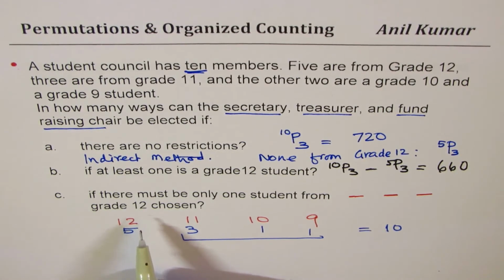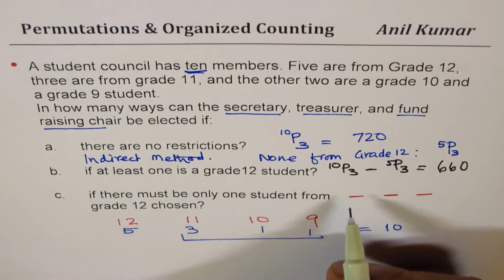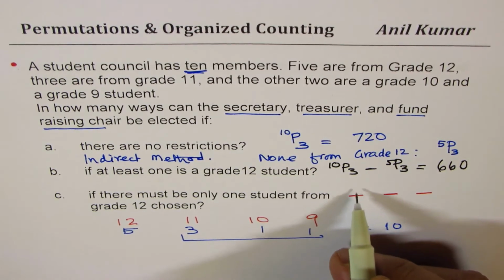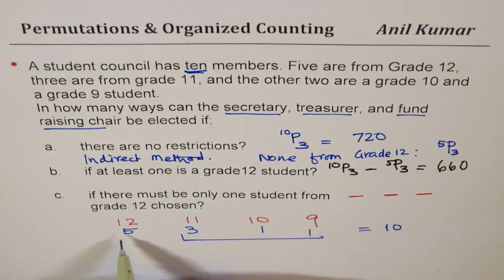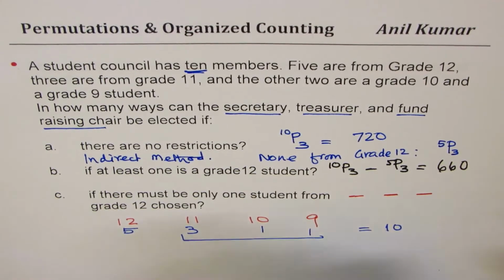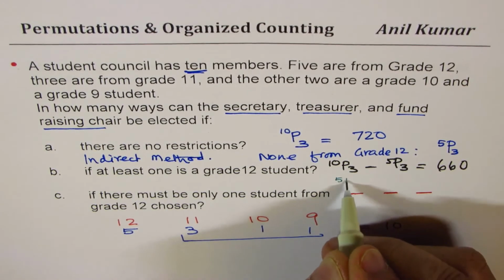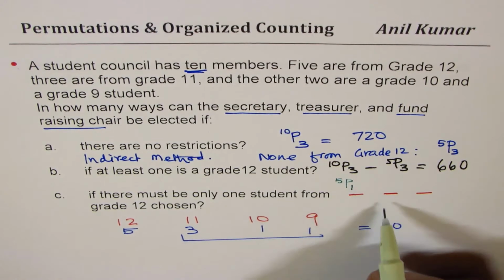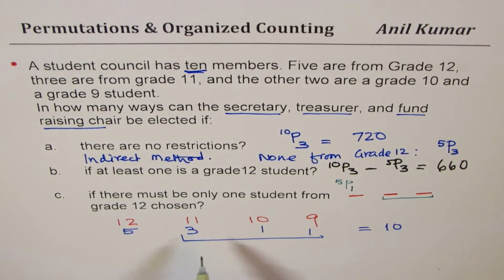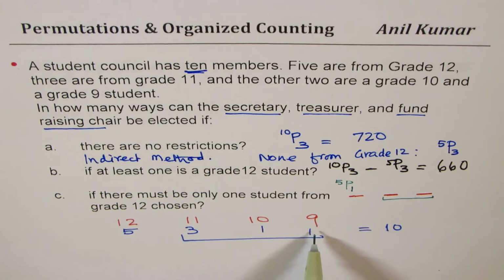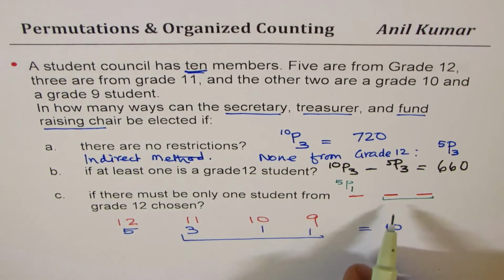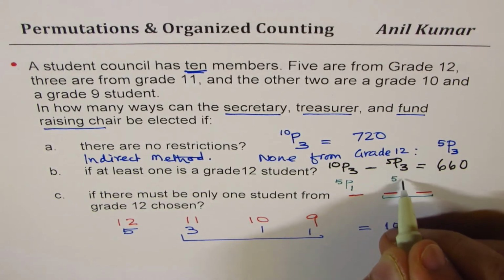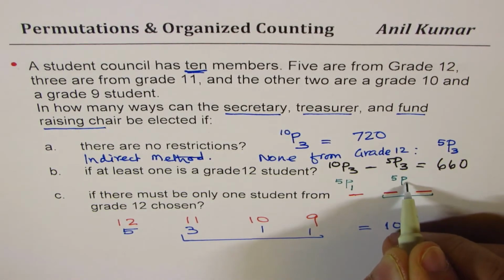Now if there is only one student from grade 12, we can say, let this be the student from grade 12. So we are selecting 1 out of 5, correct? So let me write this as 5P1. And these two positions we have selected from others. So we are selecting out of these 5, 2 positions. So we'll get this as 5P2.